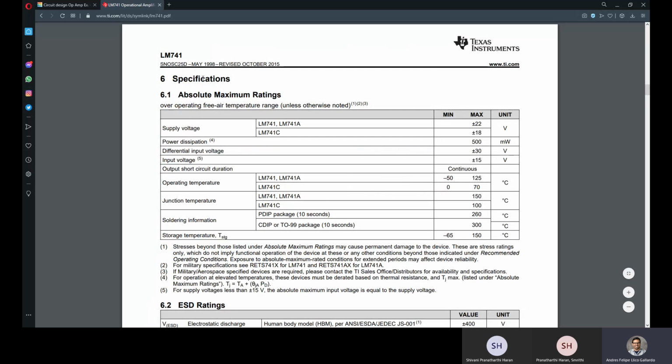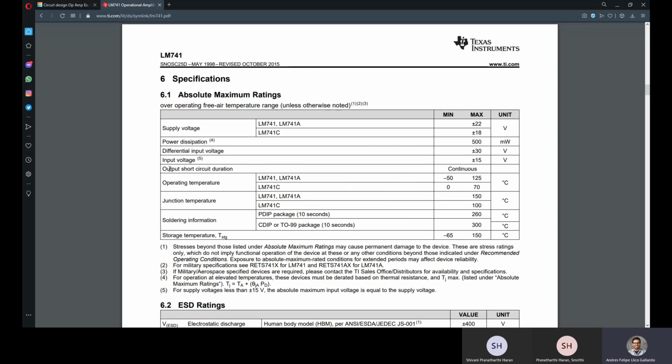So in this case, we're looking at the specification. It says the supply voltage for this circuit, depending on which model you're using, has a maximum range of 22 volts. And there are some other specifications. For example, the input voltage that you can put into this is 15 volts.